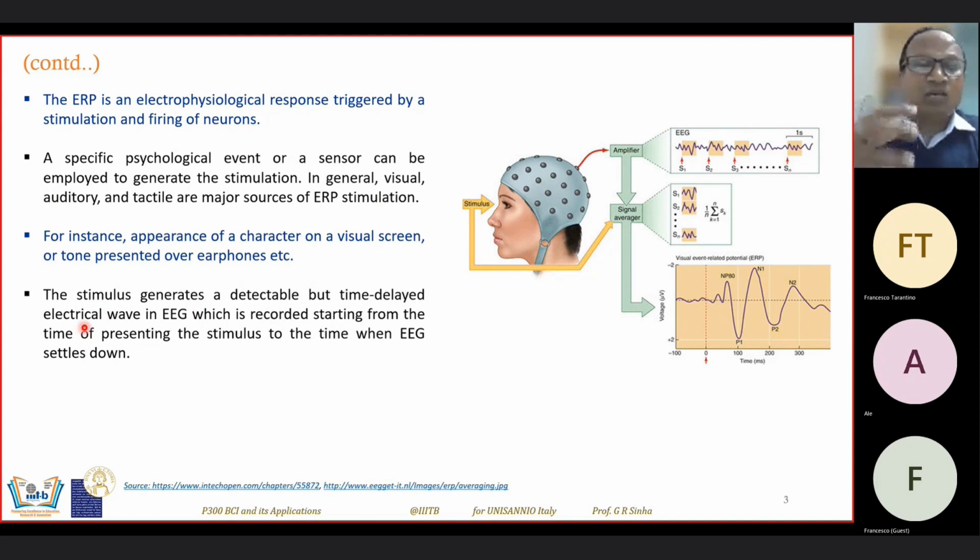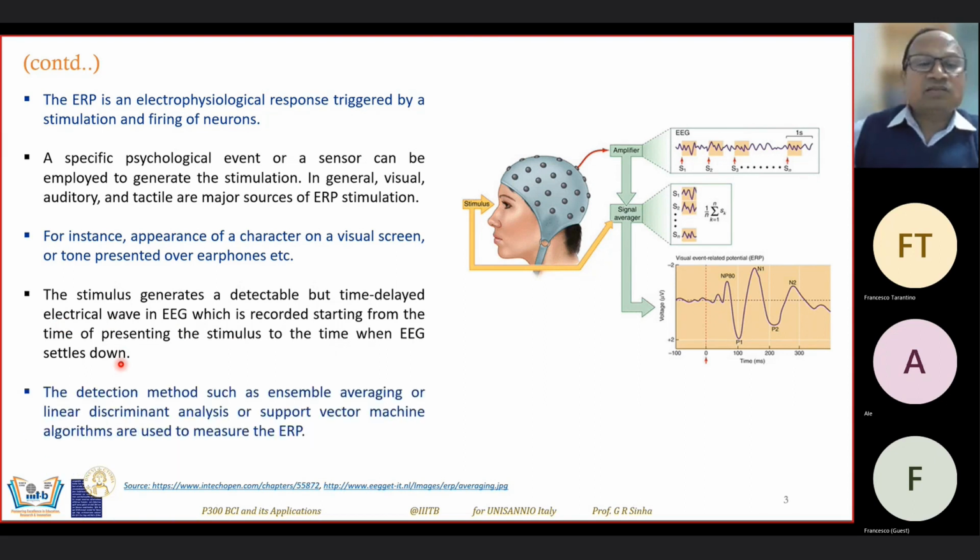I'm talking about what is P300. It is detectable, the stimulus will be detected by the brain, but as a time-delayed electrical wave. It doesn't react immediately. After a certain time delay, in the form of EEG, it is recorded, starting from the time of presenting the stimulus to the time when the EEG settles down. That particular time is known as latency time.